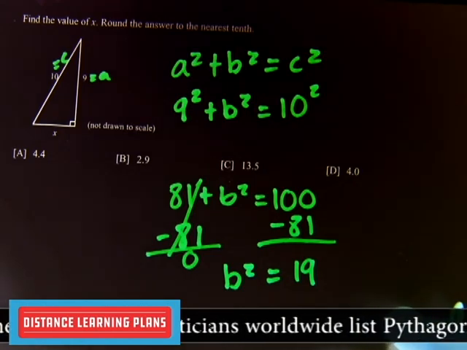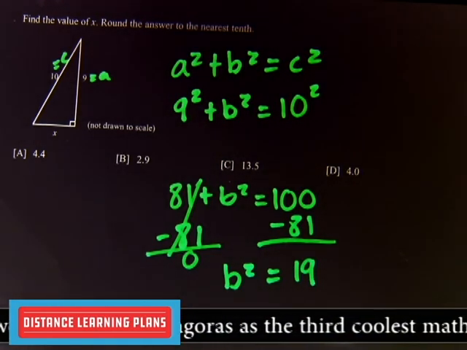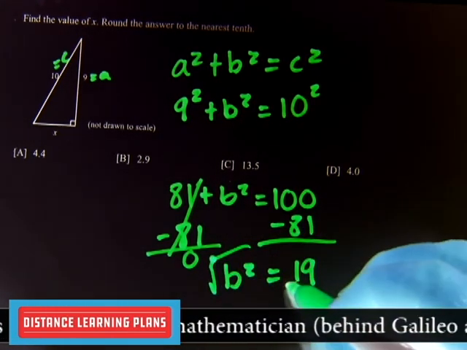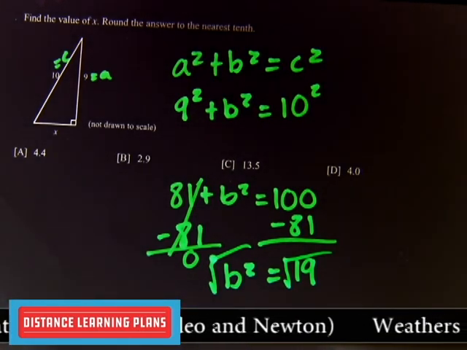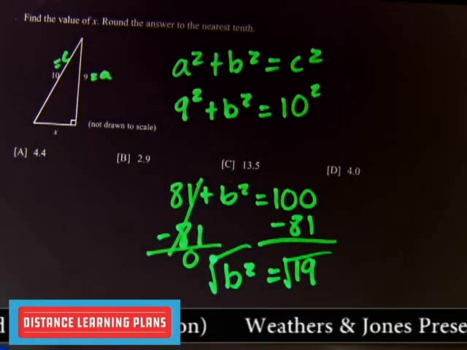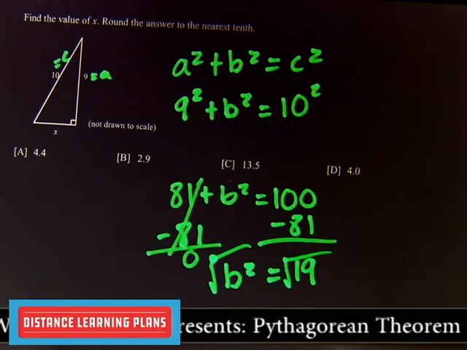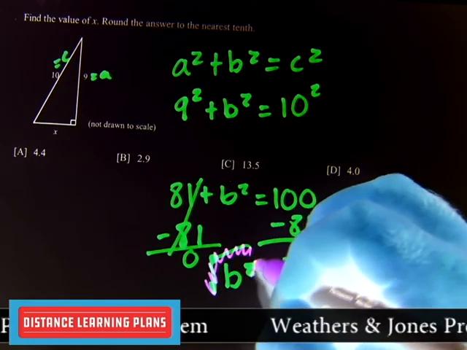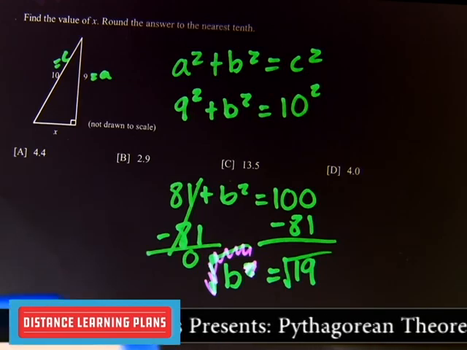Then, just like we did in our first two problems, we must square root. So we're going to have to square root both sides here. Once we square root both sides, as we learned, these two cancel out, and we need to know the square root of 19.